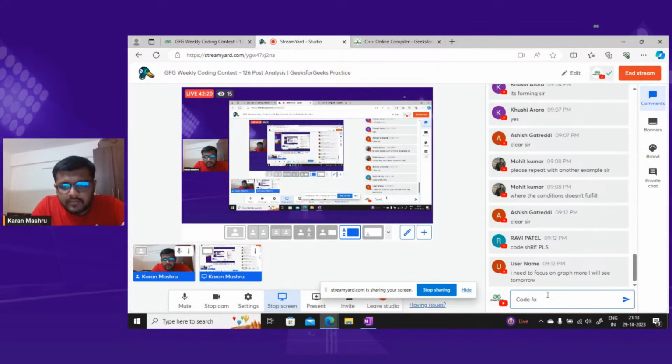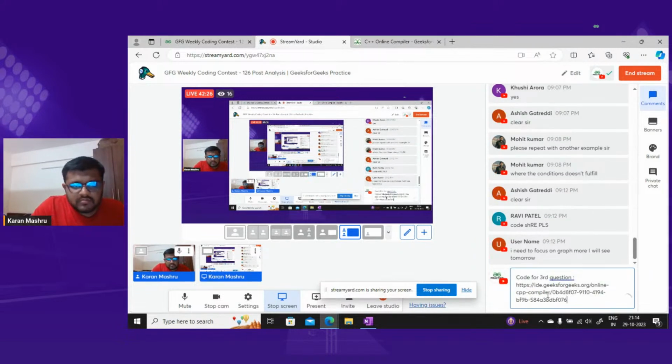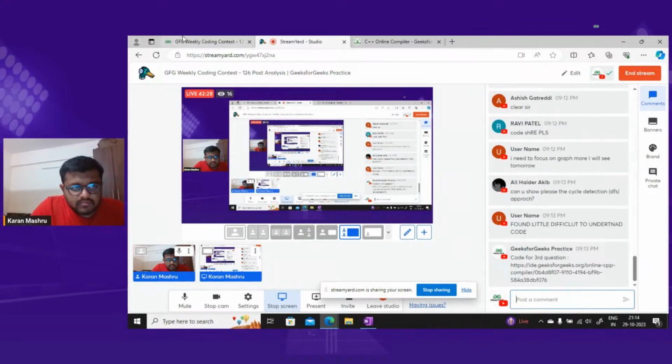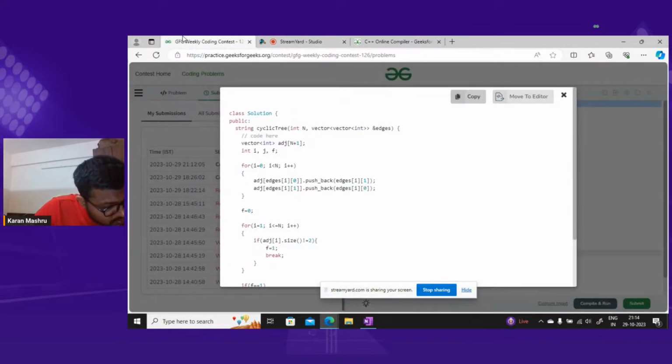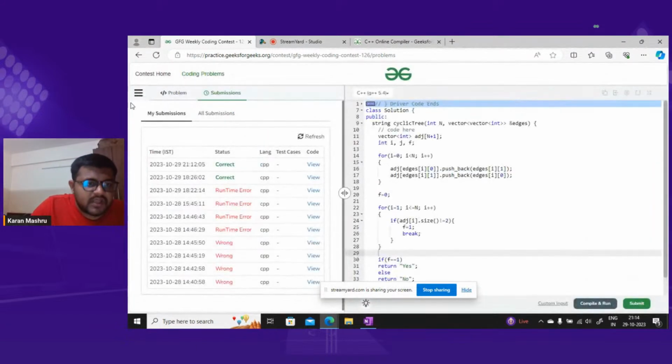Code for third question. Can you please tell me the cycle detection DFS approach? So I would have told you, but what I will tell you is that it will not work on this, depending upon the constraints.